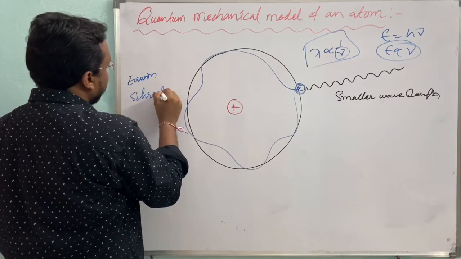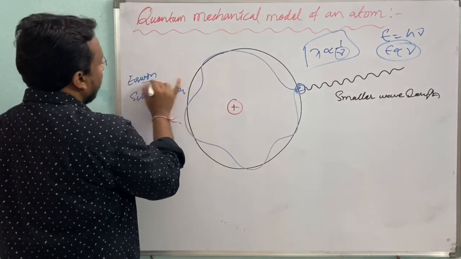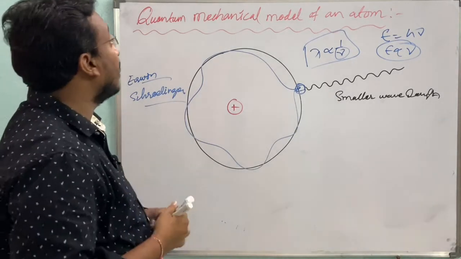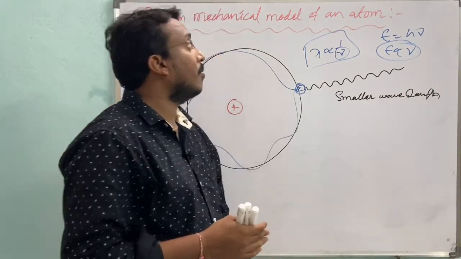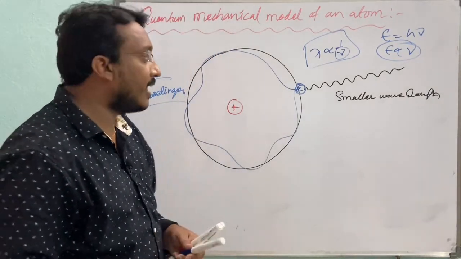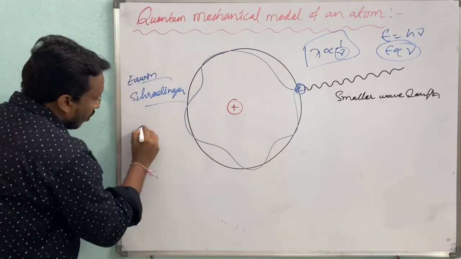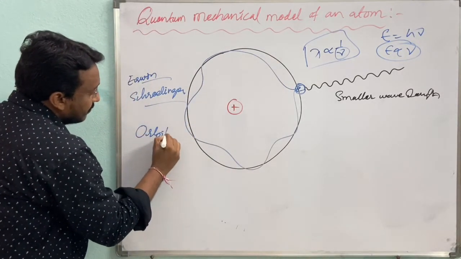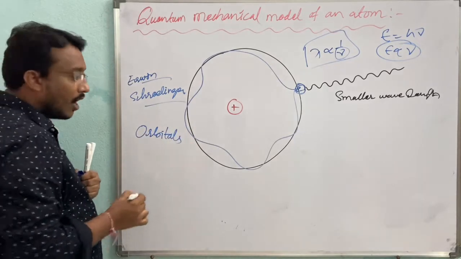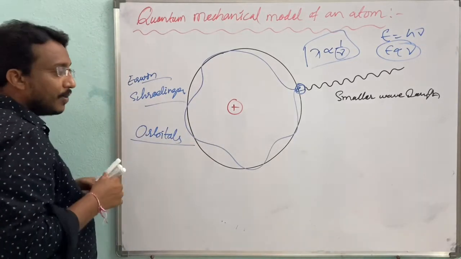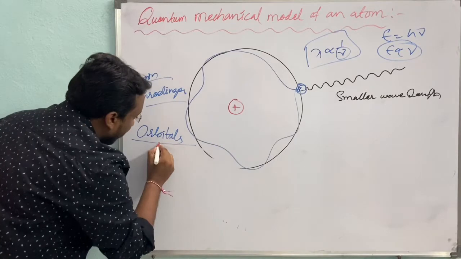Schrödinger. That atomic model is called the quantum mechanical model of an atom, and he introduced one more new concept called orbitals. Right? Orbitals. Sir, what is an orbital, sir? Okay.